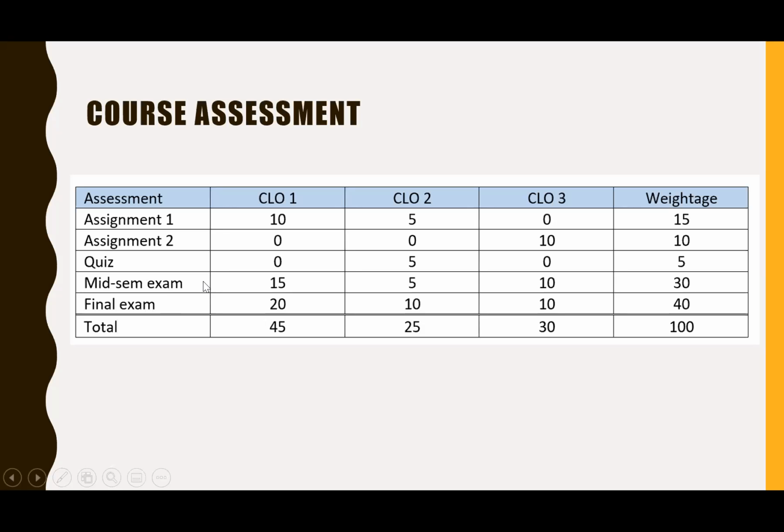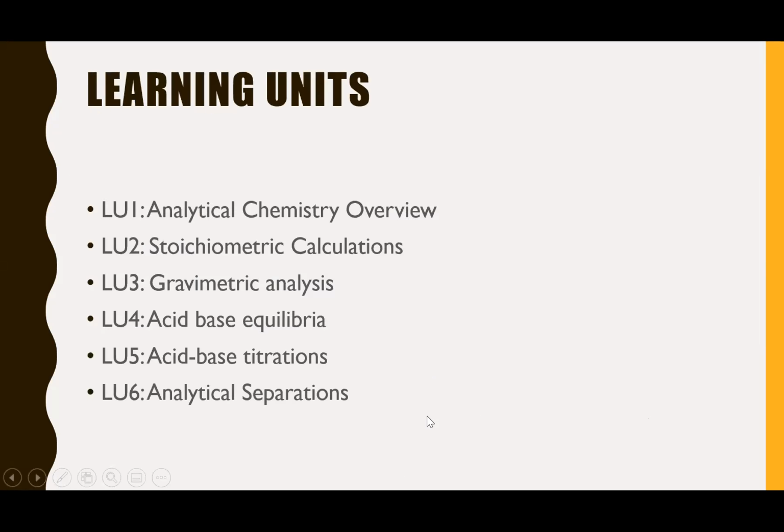So that's why most of the things we have to test through examination. However, you still have the chance to score 30% from assignments and quizzes. Don't worry, we are going to give a lot of tutorials and examples as well for you to be able to apply the techniques for solving problems in analytical chemistry.